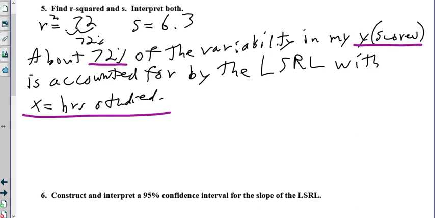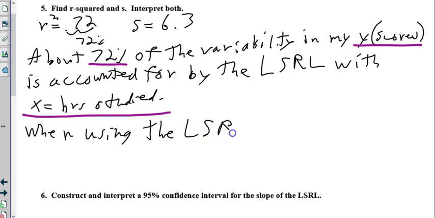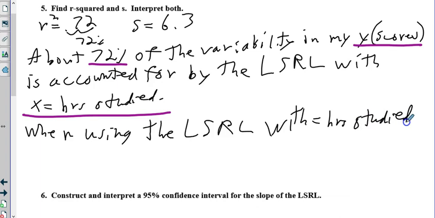Again, same statement. When using the LSRL, okay, when using the least squares regression line, with X being hours studied, and Y being test scores, or if you just write scores, that's fine.